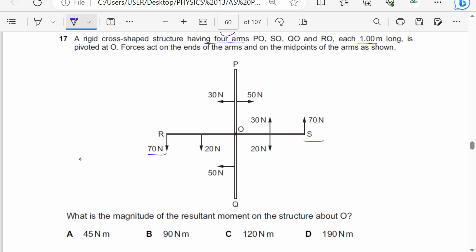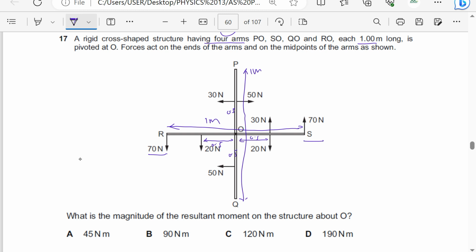This distance is 1 meter, because they are 1 meter long. This one here is also 1 meter. These ones are acting at the midpoint, so this is 0.5, 0.5, 0.5, 0.5, 0.5.